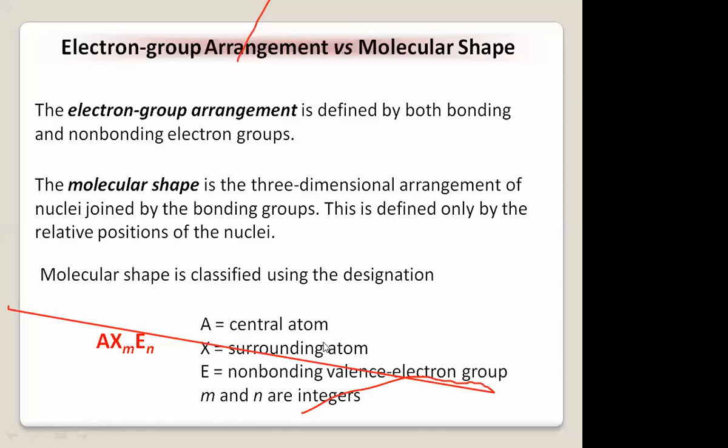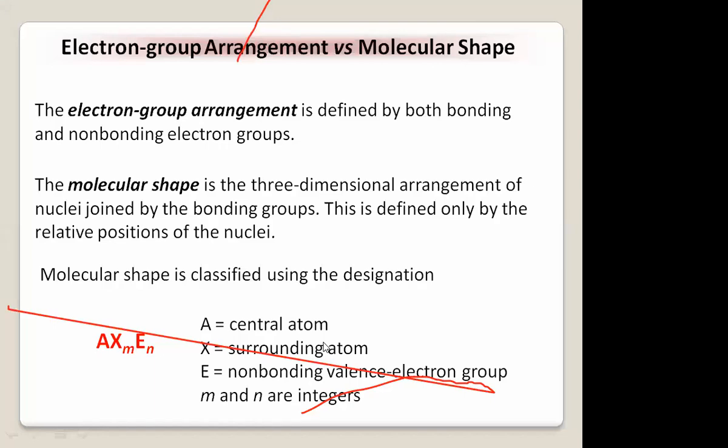The shape of molecules is determined by the arrangement of the electrons. And the general molecule shape is AXmEn. A is the central atom. X are the terminal atoms attached to the central atom, where E is the non-bonding electron pair. n and m are integers, so they have to be positive values.